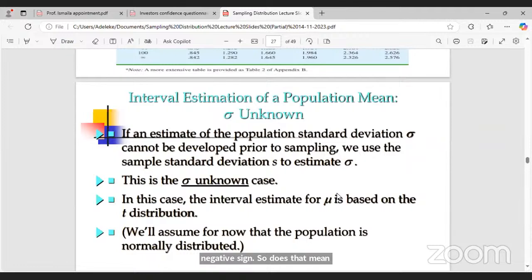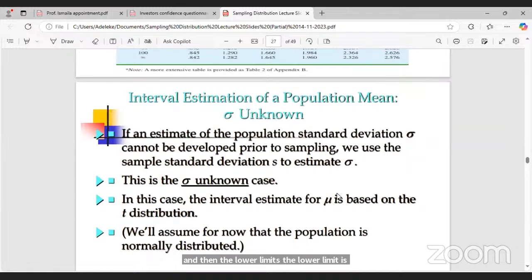No. What do we count as the upper limit and lower limit? Is it the lowest value after the calculation? No, the upper limit is obtained by X bar plus the margin of error, and the lower limit is X bar minus the margin of error.